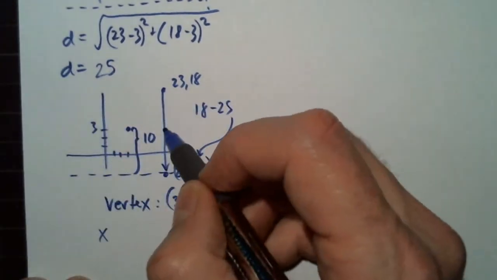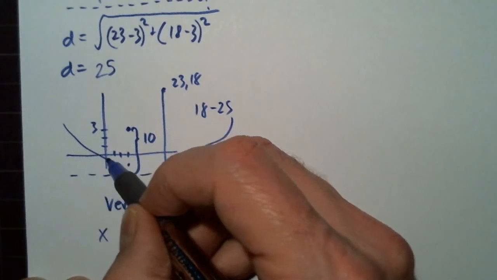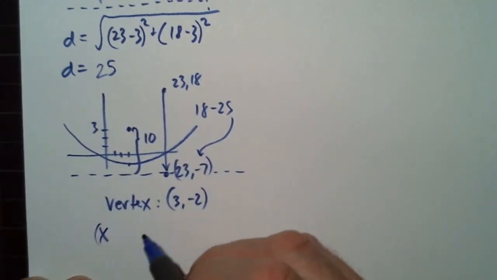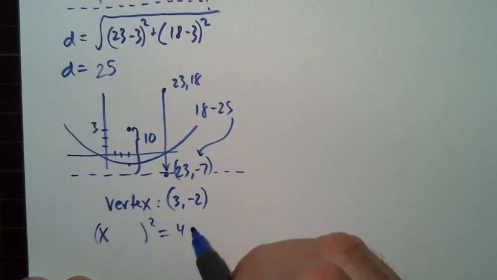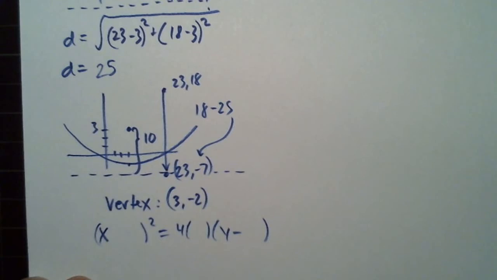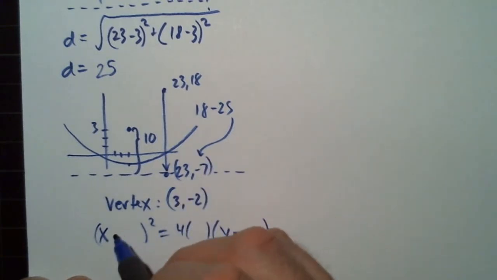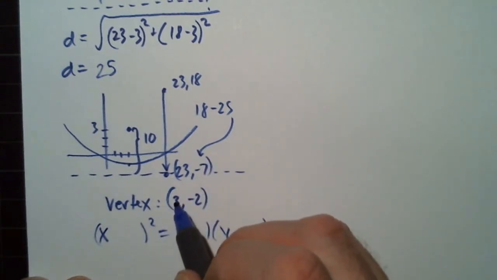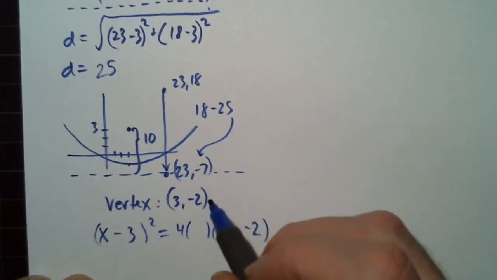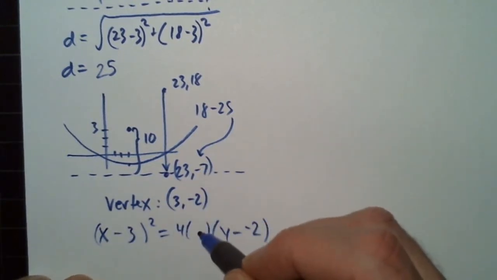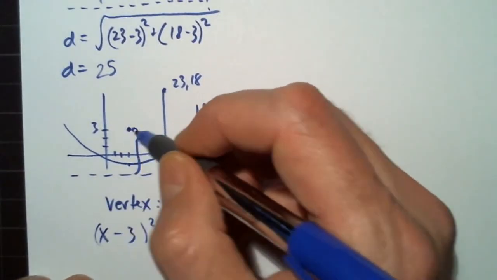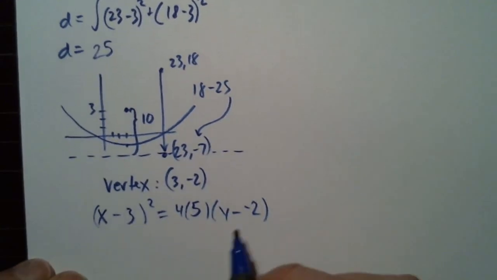It's opening upward, and we would say that we have x squared equals 4p times y minus something. And we're shifting right 3, down 2. This is the distance to the focus. We already saw that that's going to be a 5. So there's 5 there, and we're done.